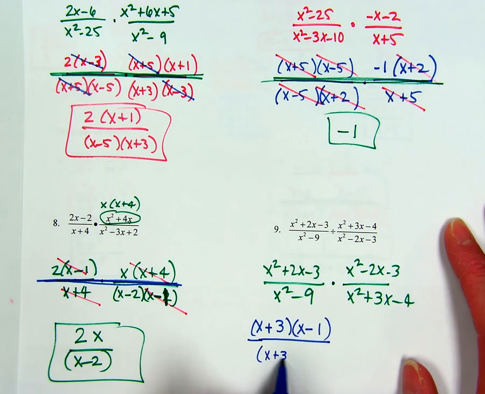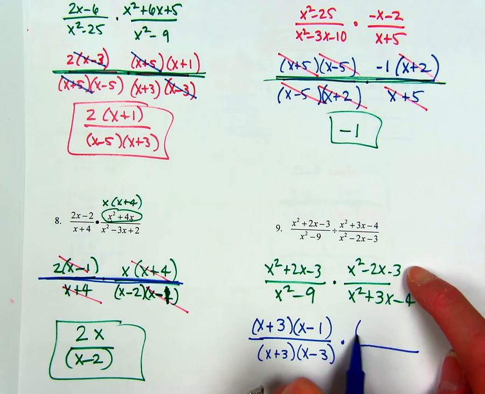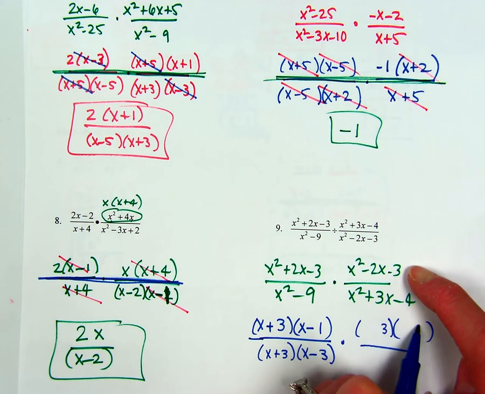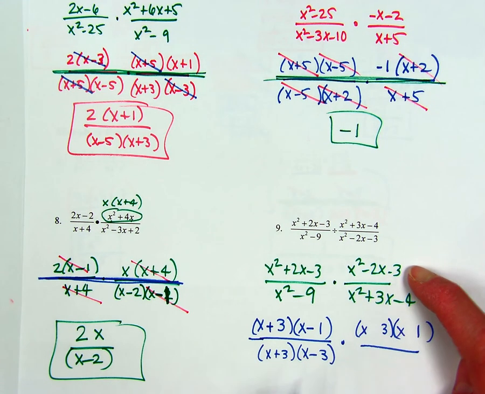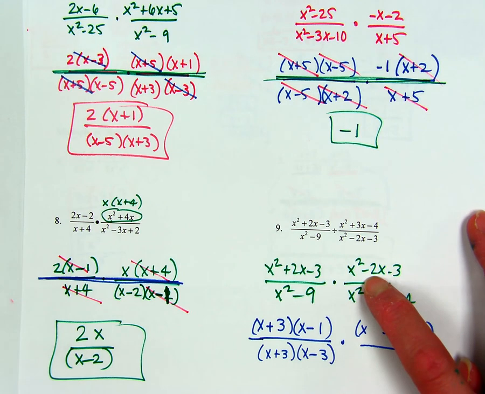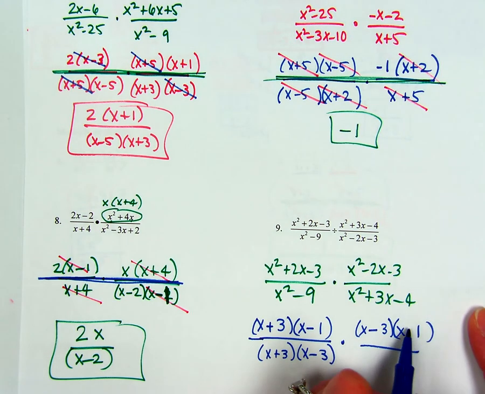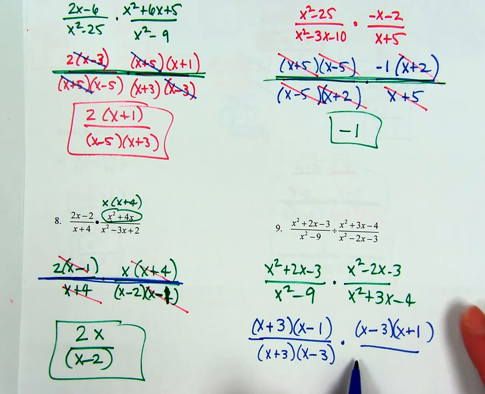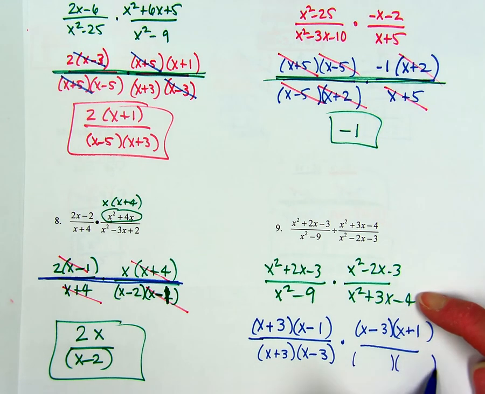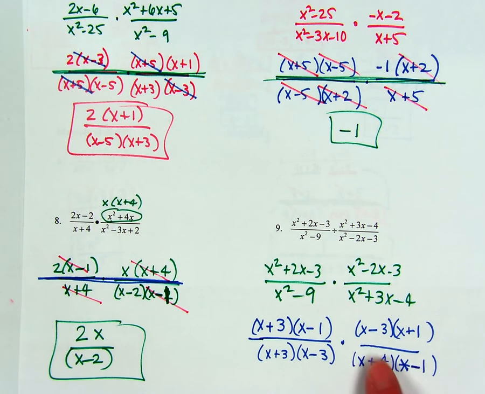So one time it's +3, one time it's -3. This one, what multiplies to -3, that adds to +2 or -2. So I need a -3 and a +1. And then here I look at my -4, so I need to multiply to -4, but I need to add to +3.